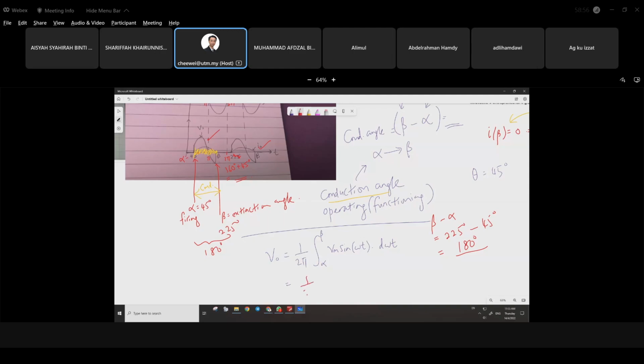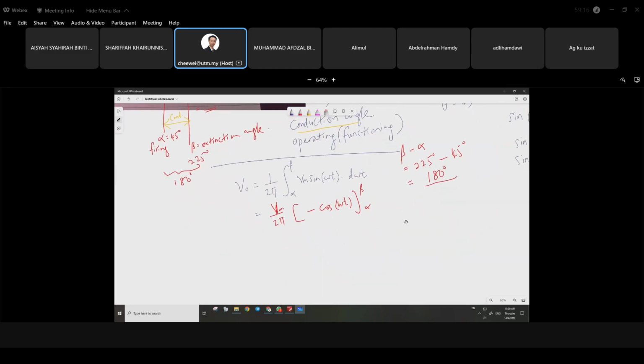So continue. Vm, I can bring it out if you like. It's a constant. So integration of sine, I get negative cos, and then we can proceed. So Vm you bring out over 2 pi.